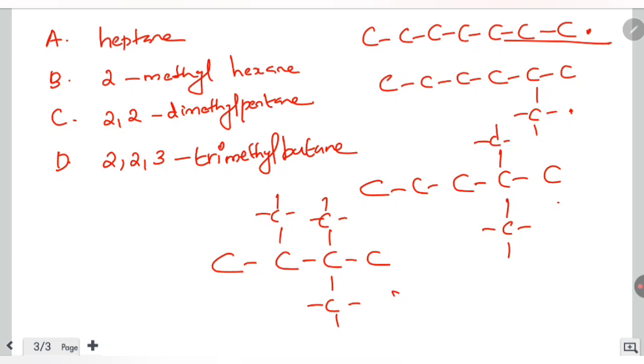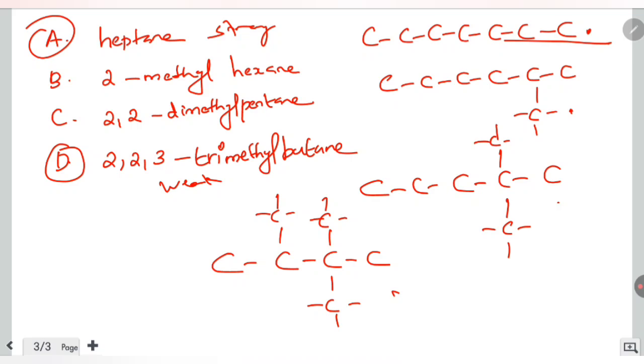So if the number of branches increases, what happens? The strength of intermolecular force decreases. So you need to include that point of smaller surface area, and then we can say the strength of intermolecular force decreases. So now we can see this one has a stronger intermolecular force and this one has a weaker intermolecular force. That means D needs less energy to overcome intermolecular force, right? Or A needs more energy to overcome the intermolecular force.